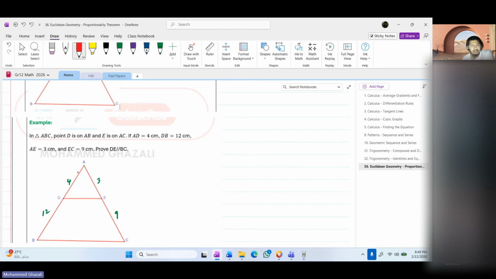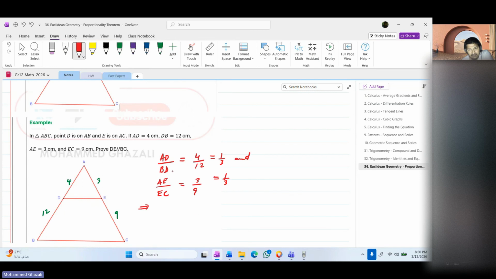Easy. So first you're going to say AD over BD is equal to 4 over 12, which is 1/3, and AE over EC is equal to 3 over 9, which is 1/3.